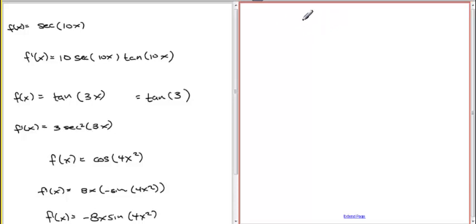Let me just put an example up here. Let's say we have 8x to the fourth y squared plus 2x to the fifth minus 12 is equal to 7xy cubed. So that's the implicit equation.